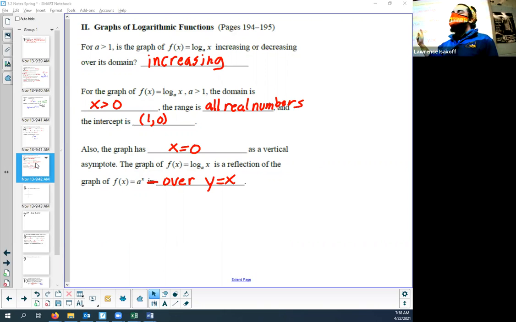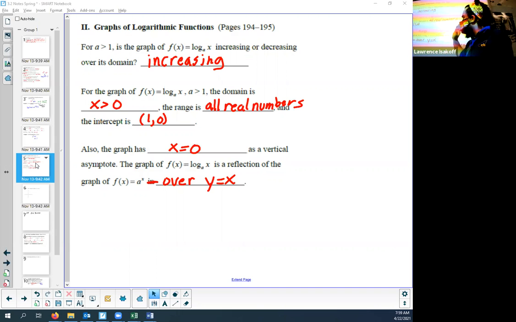Our range for an exponential was y is greater than 0. Well, when we inverse that, instead of being y is greater than 0 it becomes x is greater than 0. And it turns out we now have an x-intercept of (1, 0), whereas an exponential had a default y-intercept of (0, 1).